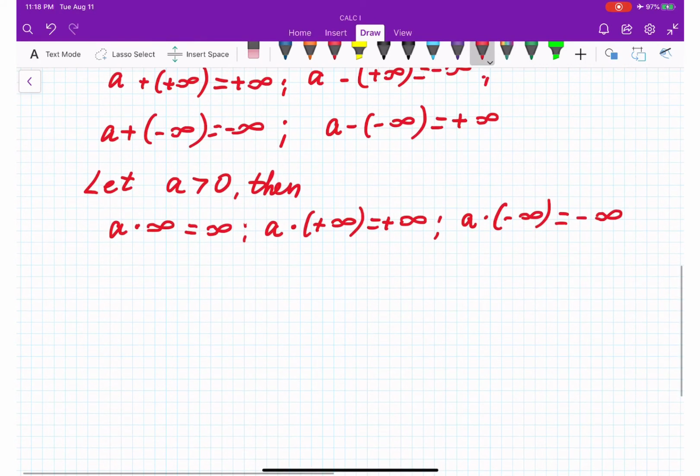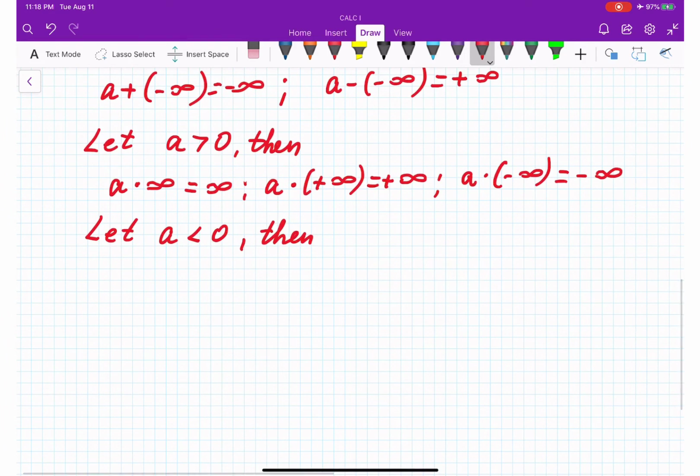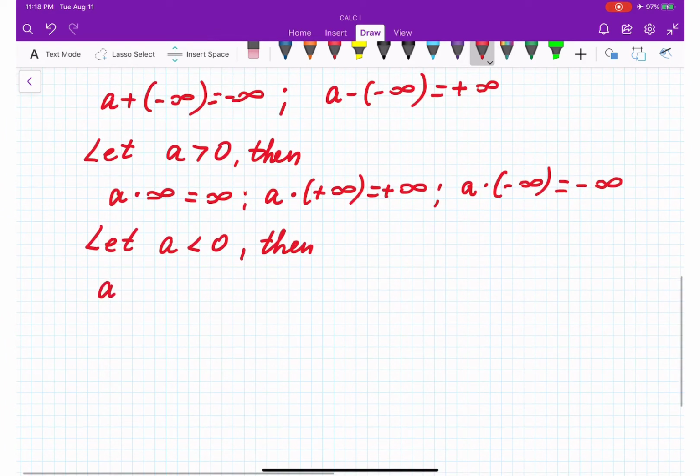Next, let a be less than 0, which means we are taking a as a negative number. Then we are getting a times infinity. If a is negative, what's going to happen? It's going to be infinity, because this infinity includes both positive and negative.